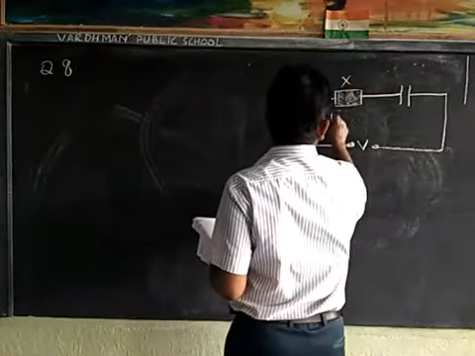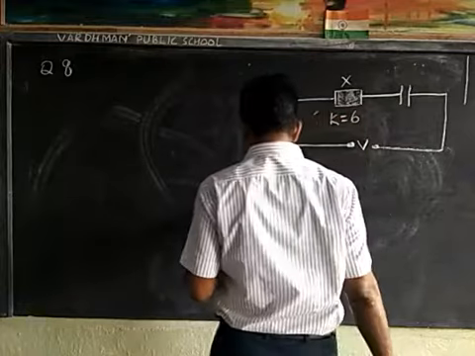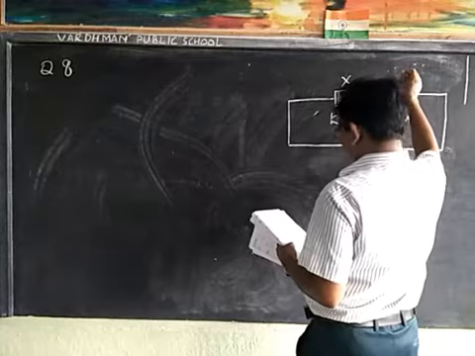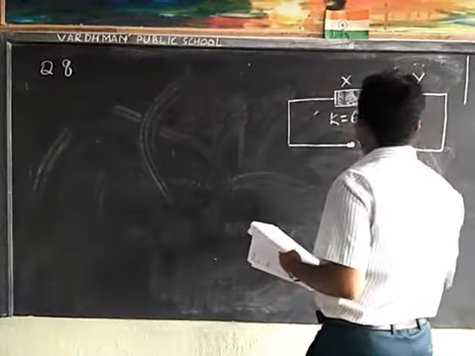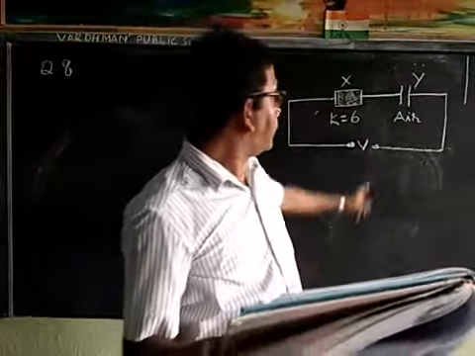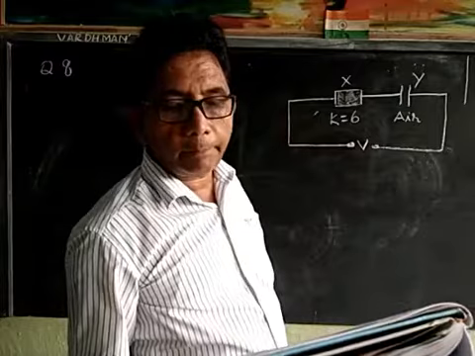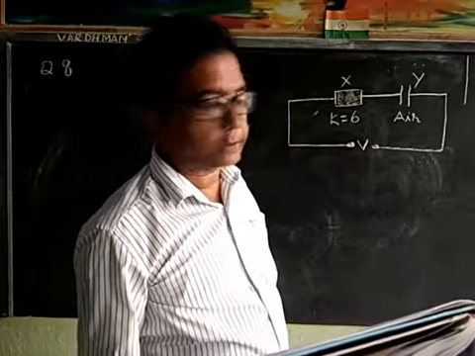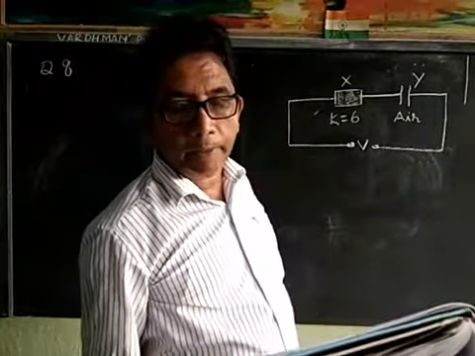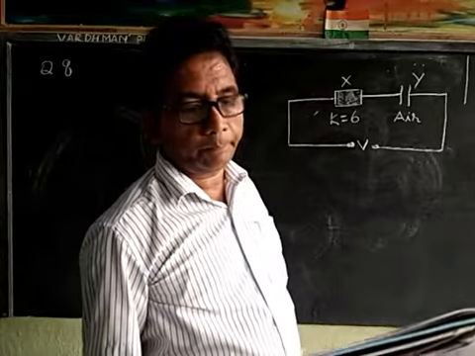The dielectric constant of X is 6, and this is air. This is the Y plate. In the figure, X and Y represent parallel plate capacitors having the same area of the plates and the same distance of separation between them.